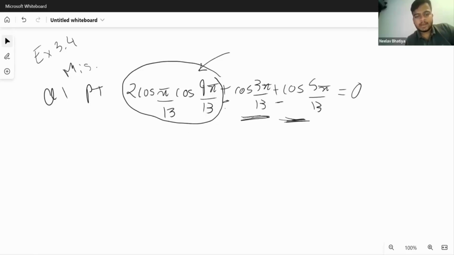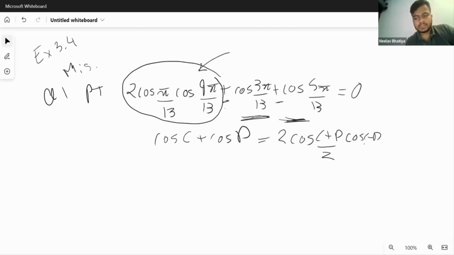Just by taking a glance at cos pi by 13 and cos 9 pi by 13, and the constant 2 that is multiplied to this term, a formula should arise in your mind. Cos C plus cos D formula, isn't it? So cos C plus cos D is nothing but 2 cos (C plus D) by 2 cos (C minus D) by 2.